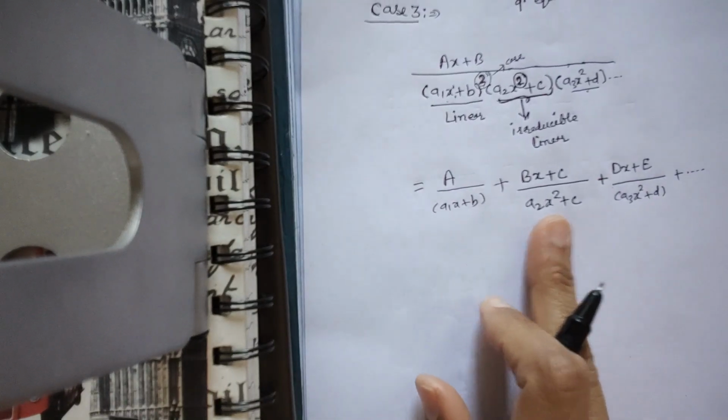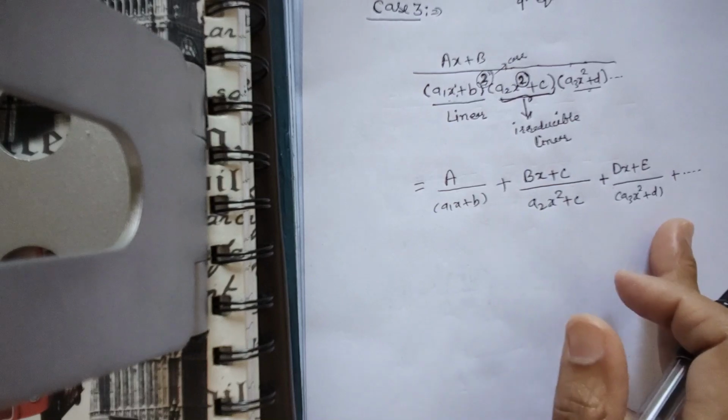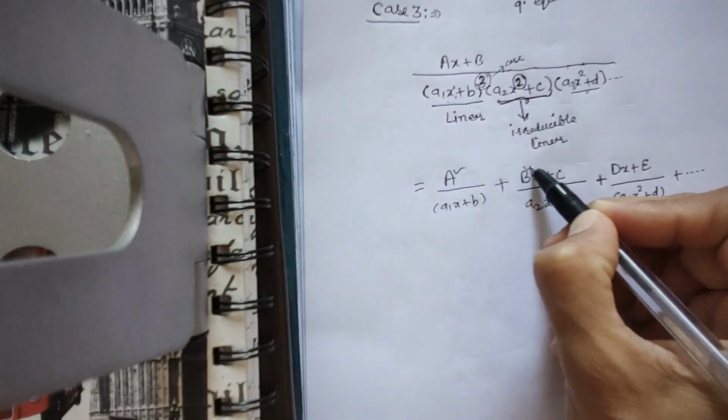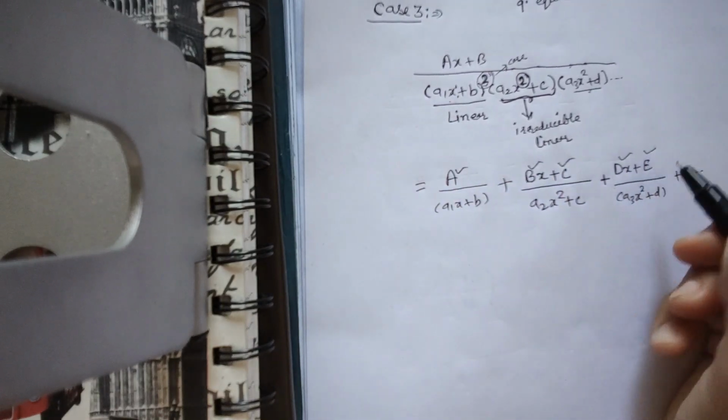In this way we are converting it into a partial fraction, and these constants we need to find. I'll just take an example.